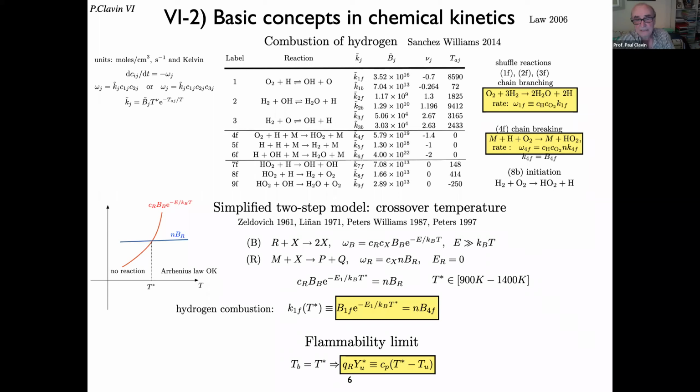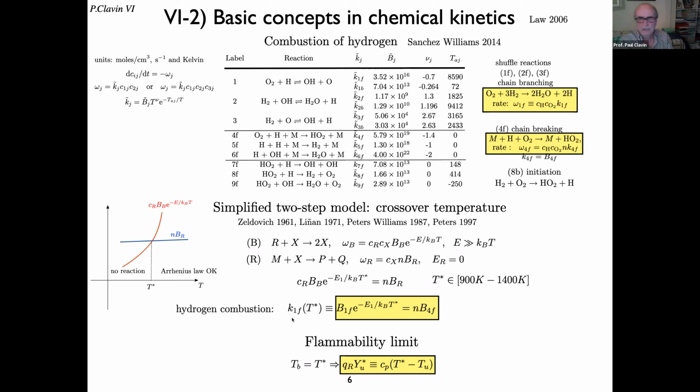And it is clear that when the heat is released, if the heat release is not sufficient to increase the temperature above the crossover temperature, there is no flame. This crossover temperature is purely chemical kinetic data. It has nothing to do with the composition of the mixture.